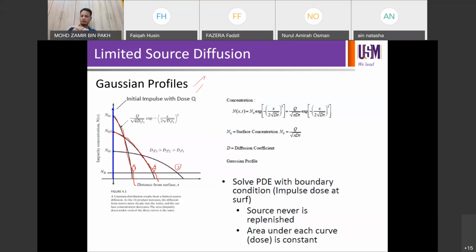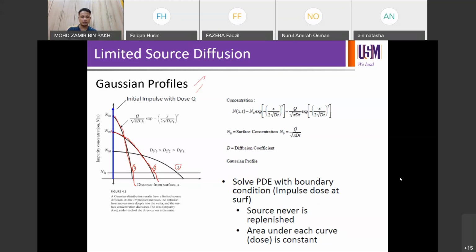Kalau you compare this profile and the previous profile, apa beza dia? What is the obvious difference? Kalau you compare profile dengan profile error function, apa yang paling obvious? Anyone?